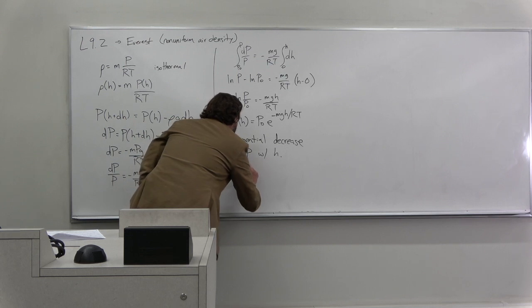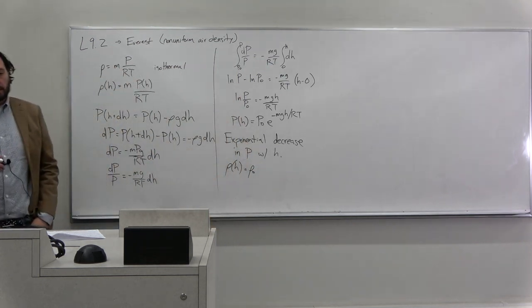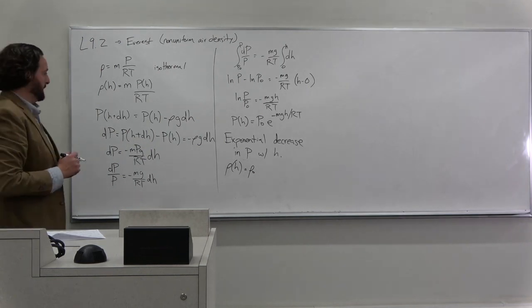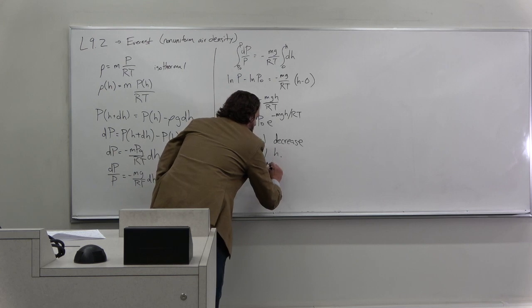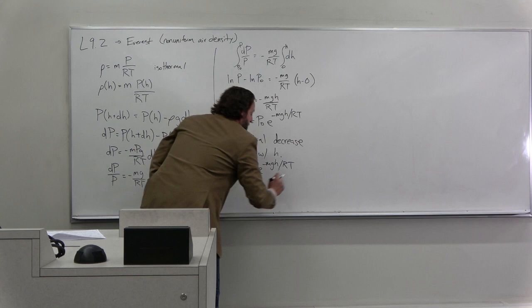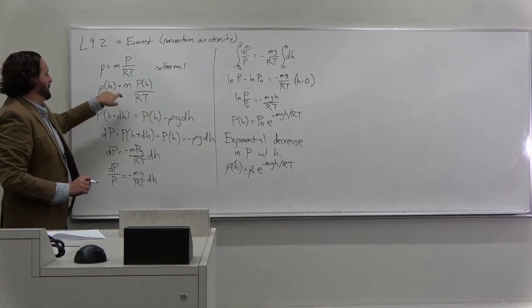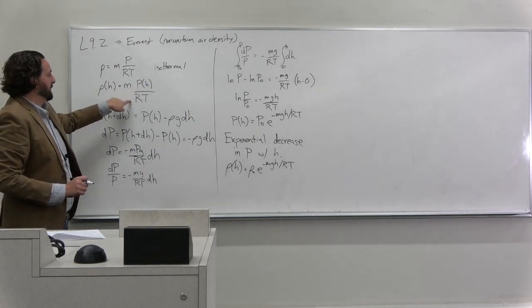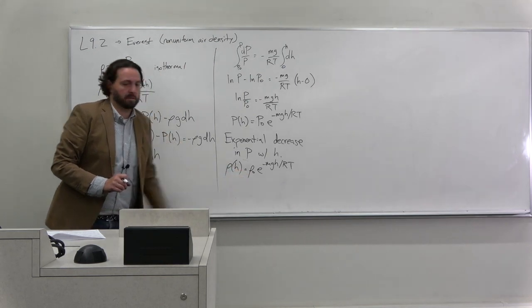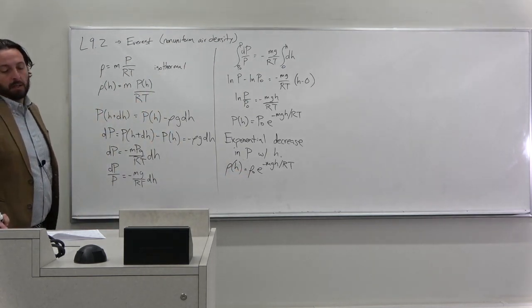So this is rho 0, the density at sea level, times e to the minus mgH over RT. Because when we sub in rho for P, this cancels the P, the rho and the rho 0, so all those constants go away.